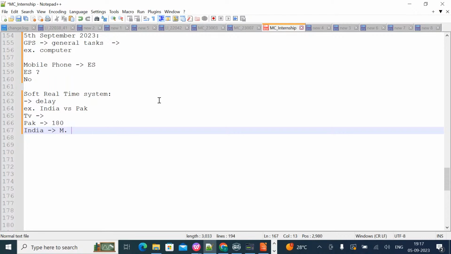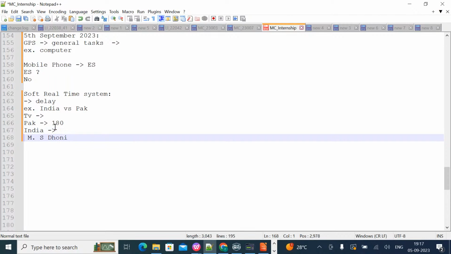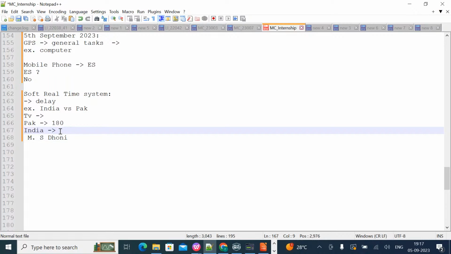Let's say on the screen right now, MS Dhoni is playing, and the current score of India, let's assume, is 175, and around 19.5 overs are done.